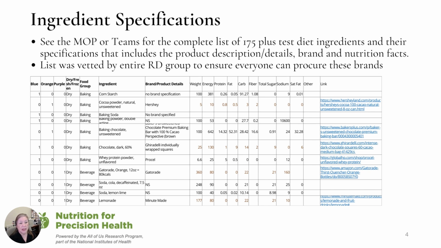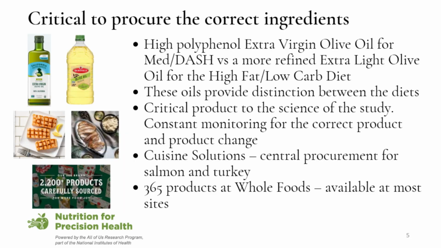The bottom here in this chart shows an example of the nutrient specifications list, where we have listed the 3 types of diets, the ingredients, the nutrient information, and also often a link to a website that shows that specific product. This list was vetted by an entire registered dietitian, research dietitian group to ensure that everyone can procure these brands.